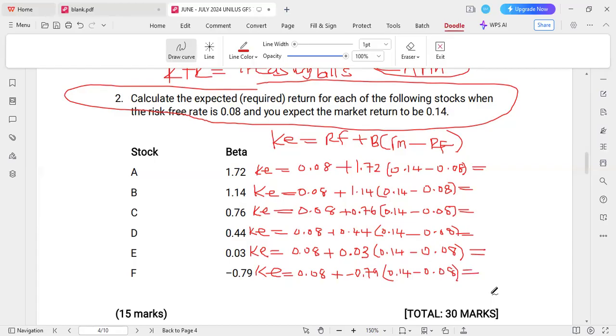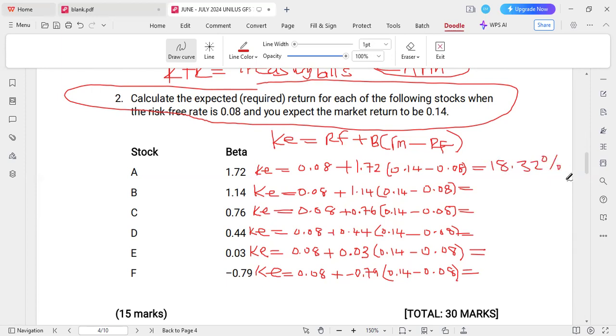So getting down to the first one, we are simply now finding the solution to each of these. So the first one is 18.32%.